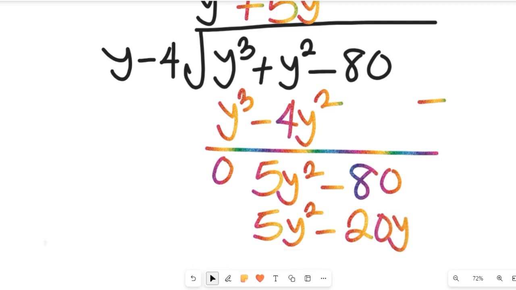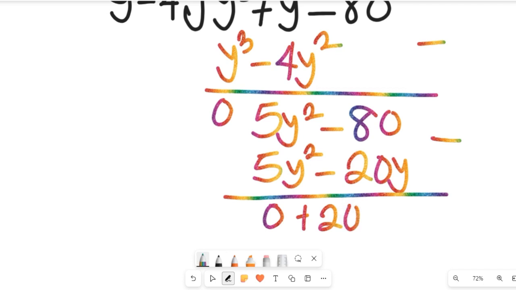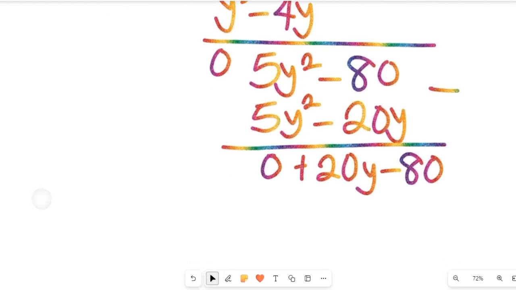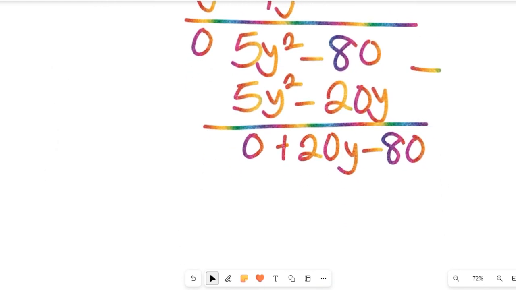So what do we do here? We are going to subtract this, and if we subtract this, this is going to give us 0, while this will give us plus 20y minus 80, right? So we're going to simplify this further. 20y divided by y is going to give us 20, right?